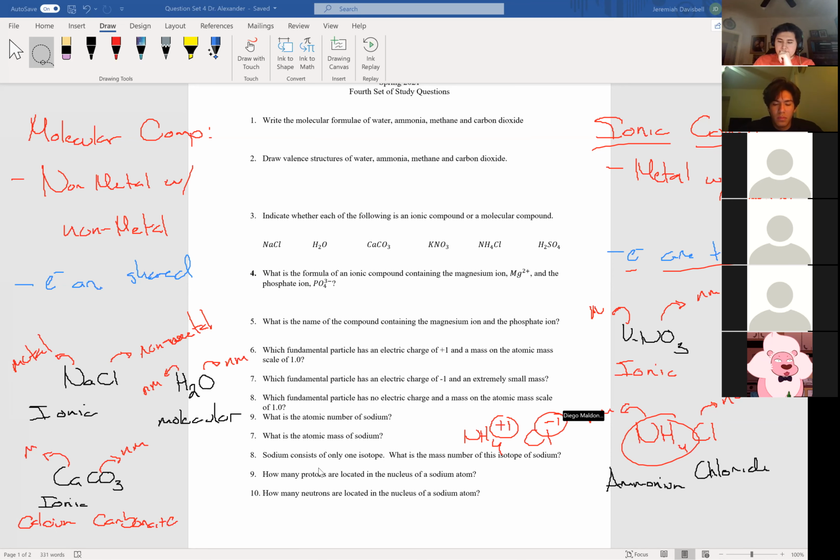So what type of compound? Would it be ionic? Yes, it would be ionic, because here our electrons are transferred. Although this is technically two nonmetals, this is still an ionic compound. So that one's kind of there to throw you off.